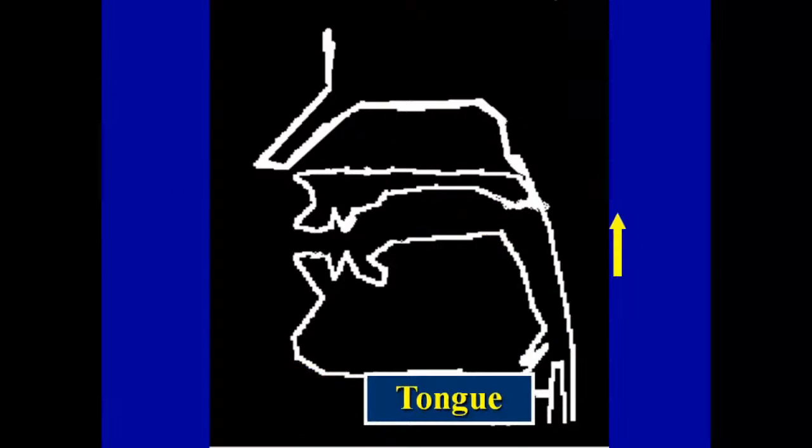Now the tongue. The tongue, of course, from a biological point of view, is just one unit, but for the sake of the production and description of speech sounds, it should be divided into different parts. Okay, and of course we can talk about different parts.